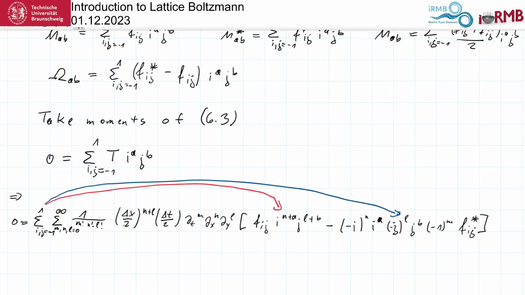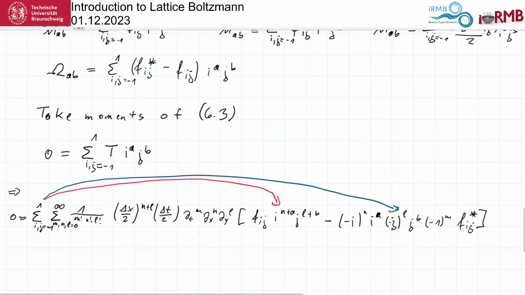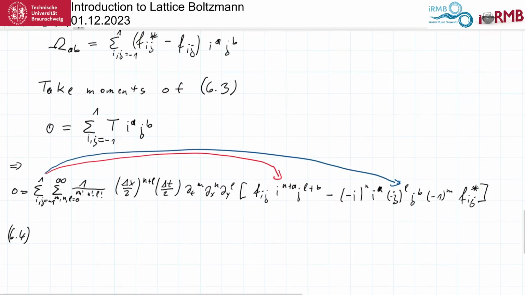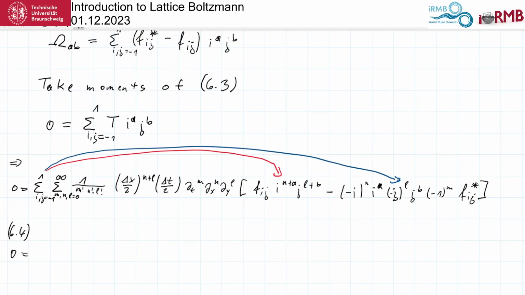And now this can be written down in equation 6.4 as 0 is, now I've executed the sum, so this is why I start from the second sum, 1 over m factorial, n factorial, l factorial.